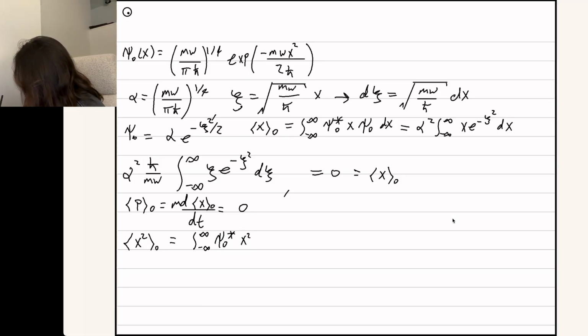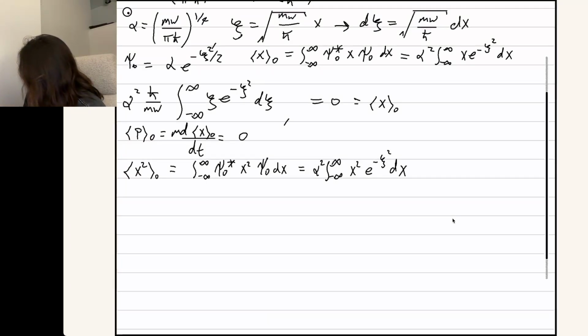So again, now we just have x squared in there. So it's looking like the expectation value of x squared, we got x squared times e to the minus c squared dx. And then changing x into c and changing dx into dc, we'll have alpha squared times h bar over m omega to the 1/3.